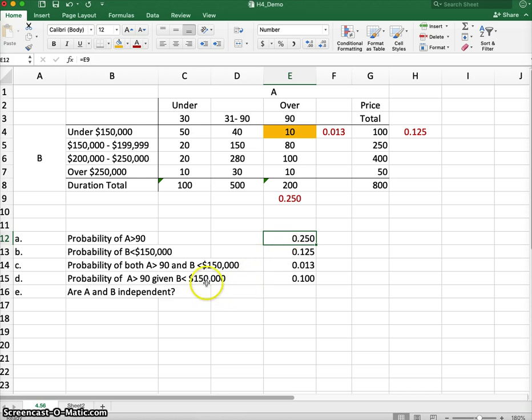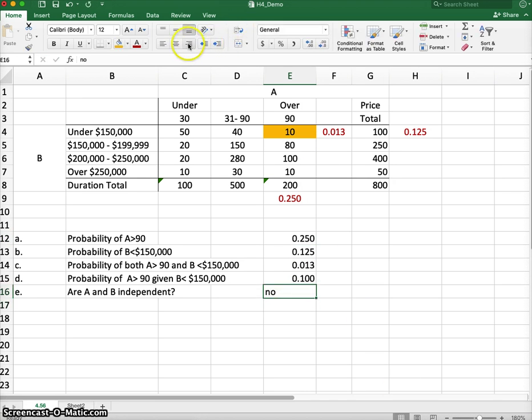But if I list the house for less than $150,000, then the chances that it will take greater than 90 days go down to 10%. So are A and B independent? No. We can say that the listing duration is dependent to some degree on the sales price. So the answer is no, they are not independent.